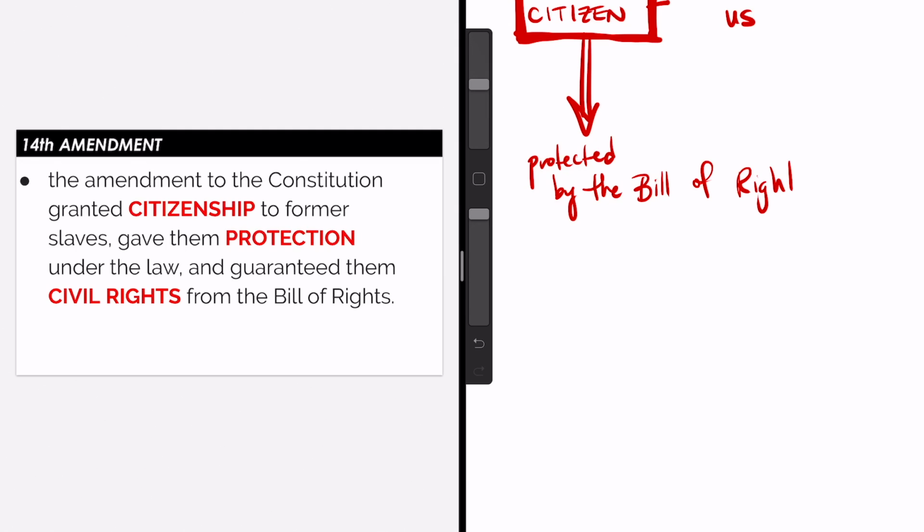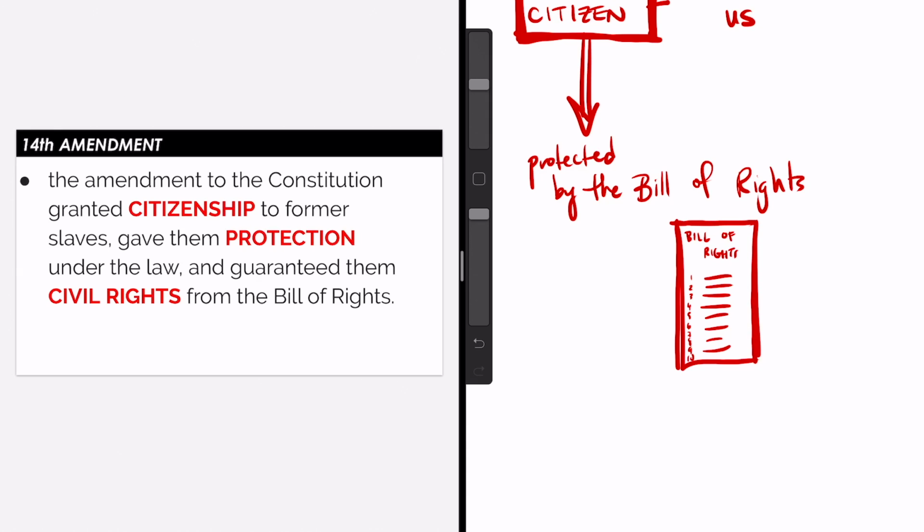And if you remember, the Bill of Rights is that drawing I did for the last word. It had the first 10 rules of what people can do and what the government can't do. So again, freedom of speech is part of your Bill of Rights. What this amendment is saying is, if you're born in the U.S., you're an American.